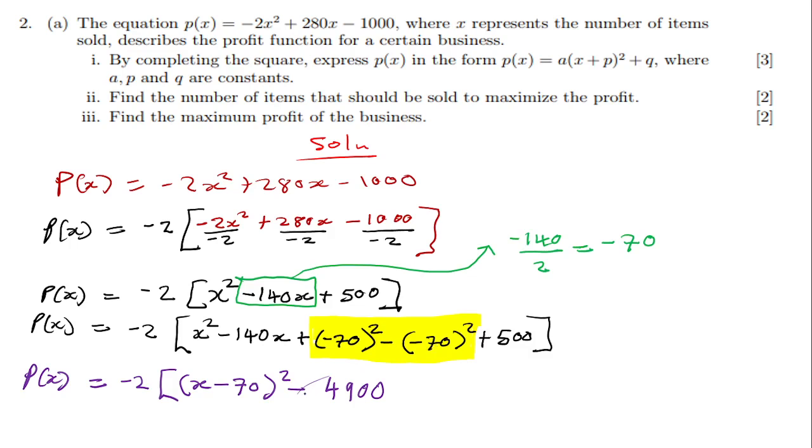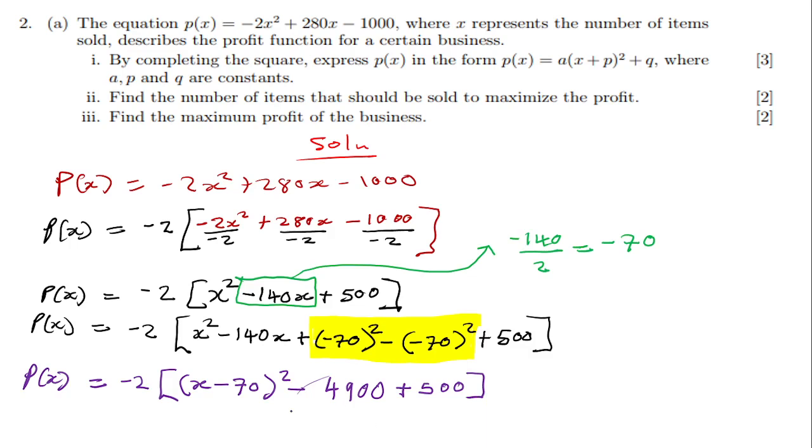Times negative 2, it's negative 4,900. Are you sure, 49,000 or 4,900? 4,900, yeah. Then this one will maintain its position as 500 the way it is.